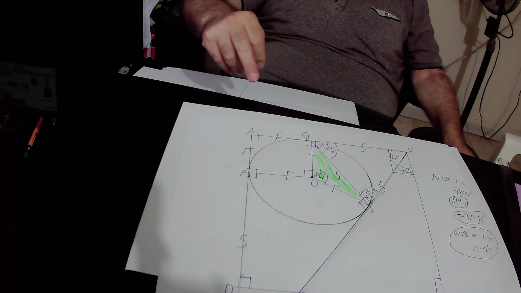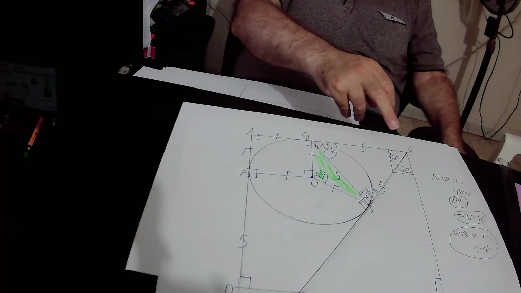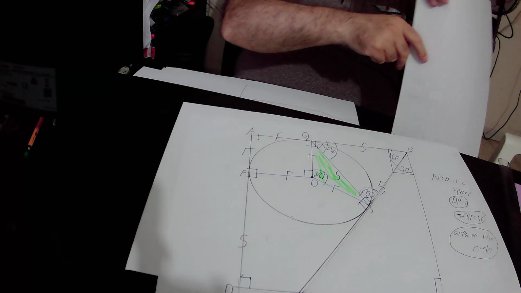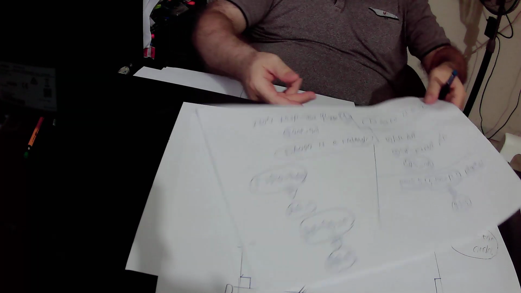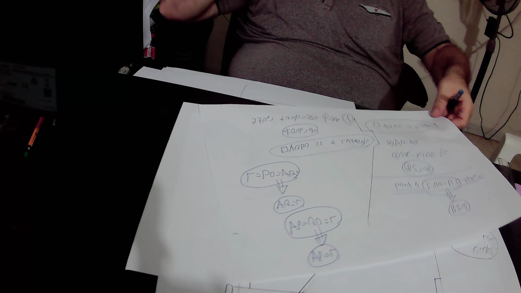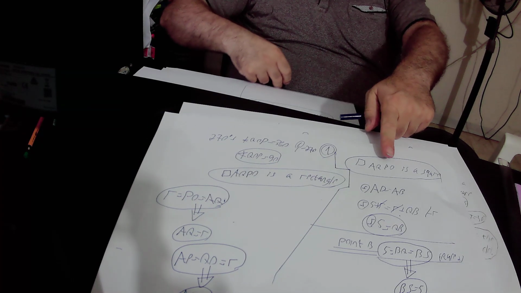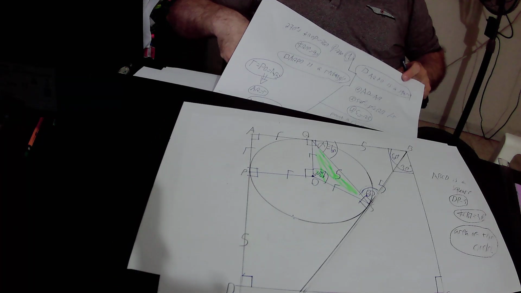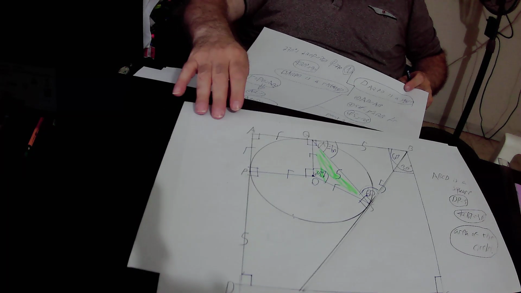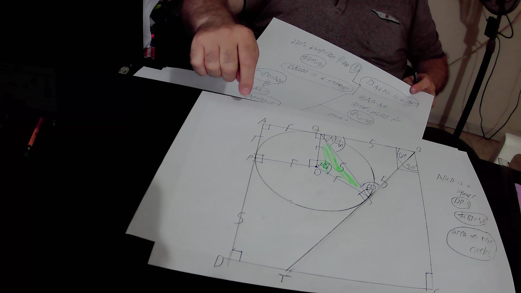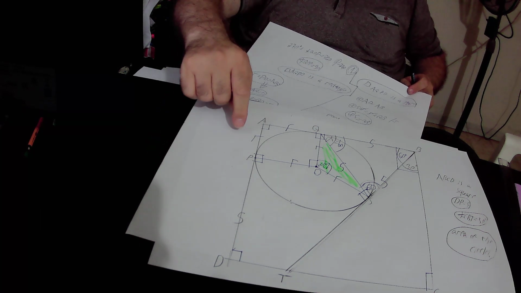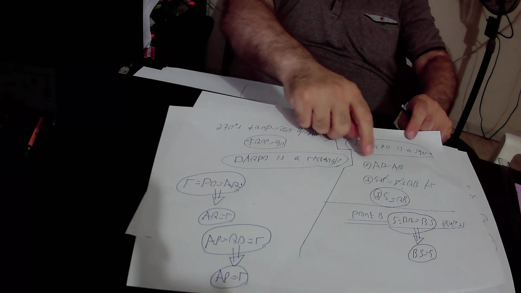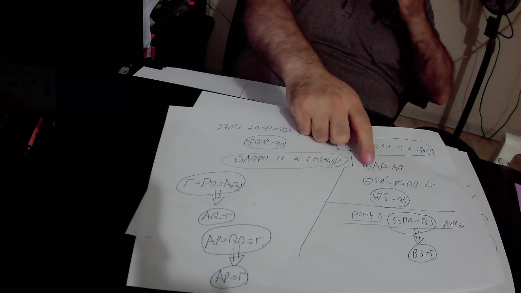That is to say, side AB of square ABCD equals side AD. So what is the value of side AD? Side AD equals R plus 5. Side AD equals 5 plus R.